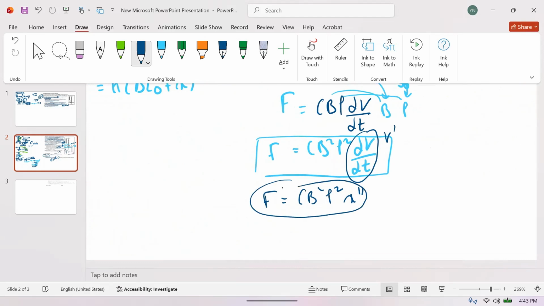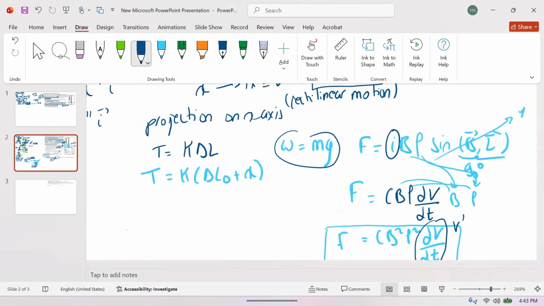I got F, I got the weight, I got T, and it might be a little bit hard for you to understand why I replaced delta L by delta L0 plus x. But again, I'm supposed to have x in my expression. So I have to relate delta L to the values that they mentioned in the given. Delta L is not mentioned in the given. What's mentioned in the given is delta L0 at equilibrium, and x, the small amount that we elongated the string with.